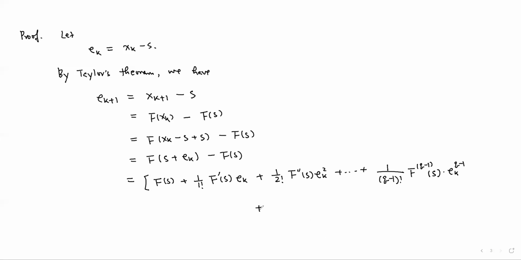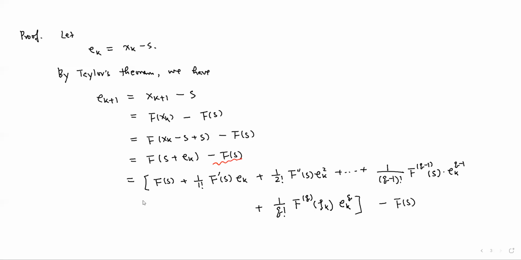Then plus the error term. The error term is 1 over q factorial, f derivative q evaluated at some point, say psi k. This psi depends on k, so psi k, times ek to the q. Taylor expansion. Now minus the second term, minus f of s.